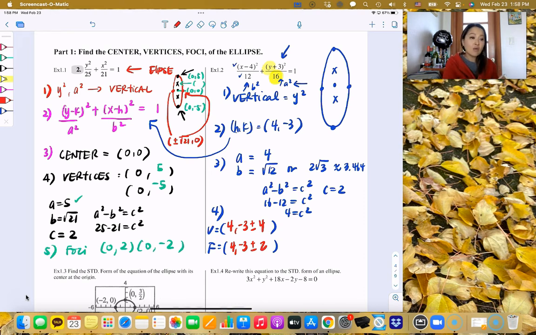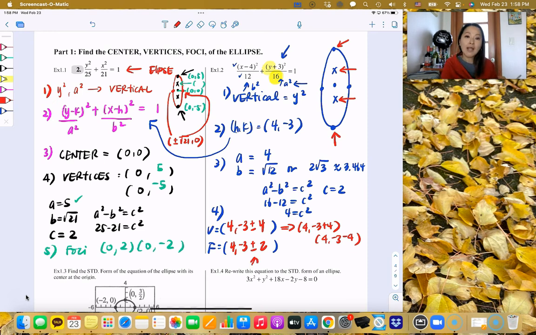And if you do it that way, as long as you label everything for me correctly when asked to graph, I'm okay with that. It means 4, -3 plus 4, or 4, -3 minus 4. Do your calculation. And same goes with the foci.